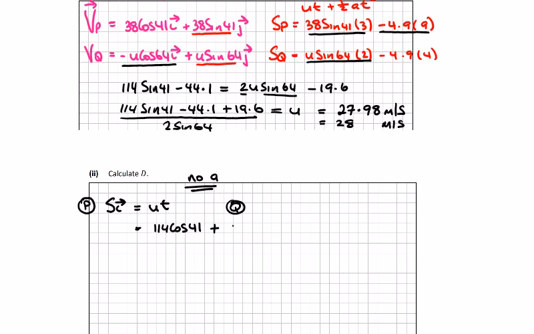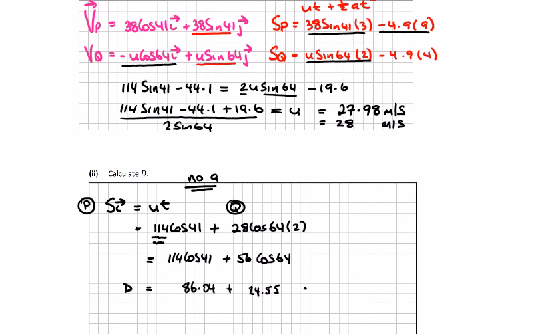We can't have negative, so 28 cos 64, times the time, which is 2. So 114 cos 41 plus 56 cos 64 is going to be the distance between the 2 points A and B, which is going to be D.